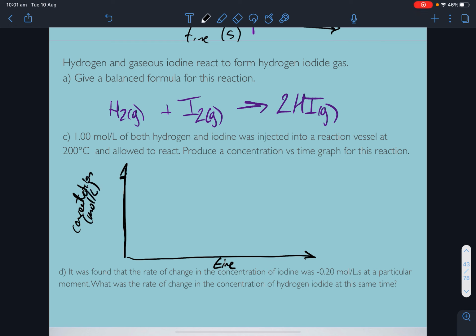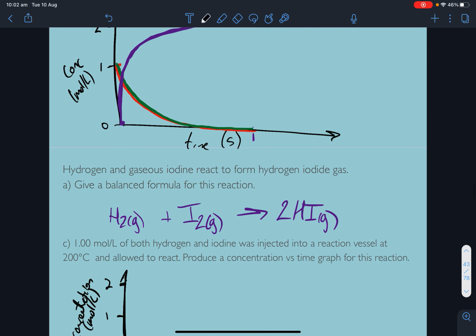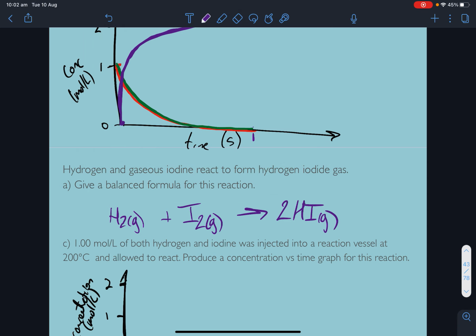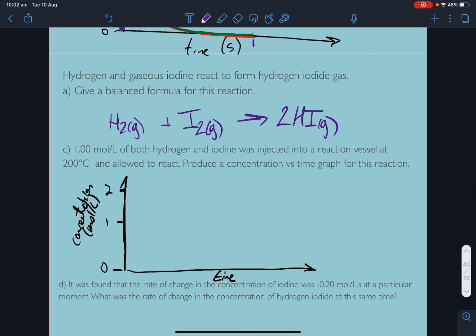I'm still going to keep the same scale. Terrible scale. They're still going to reach the same concentrations, but in a shorter amount of time. So let's say they reach it in this amount of time as opposed to that one.